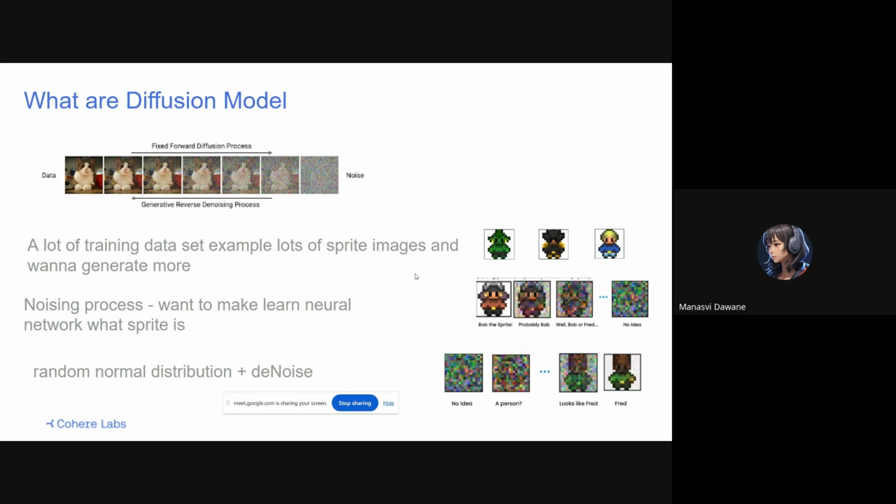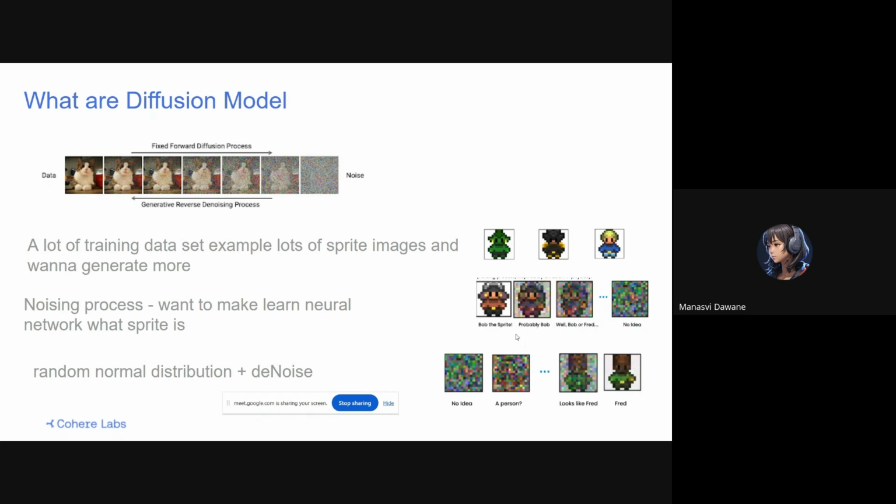We can do this by adding different levels of noise to these images. Now the neural network is trained and learns how to add noise to the sprite images.